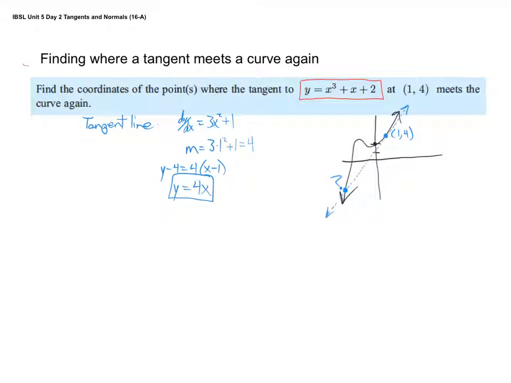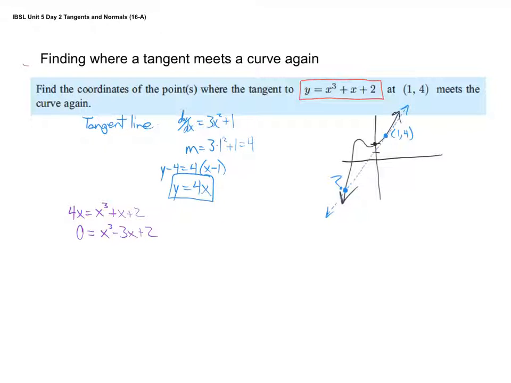So let's do that. 4x equals x cubed plus x plus 2. Now, if we're solving this, so we want to get it equal to 0, first we have x cubed minus 3x plus 2.